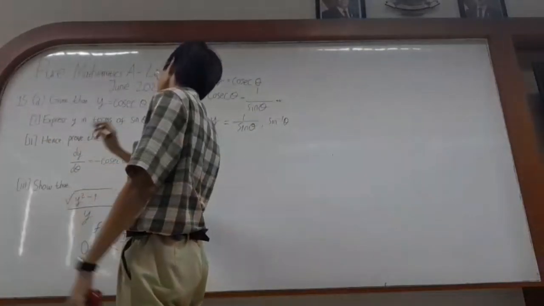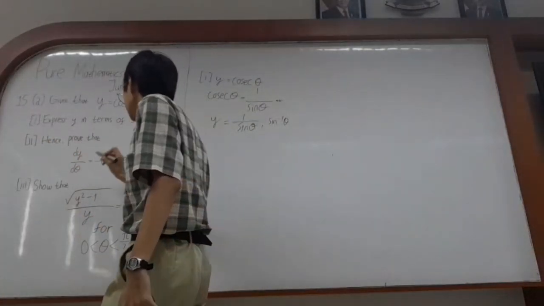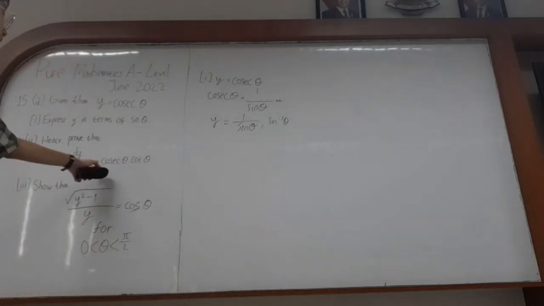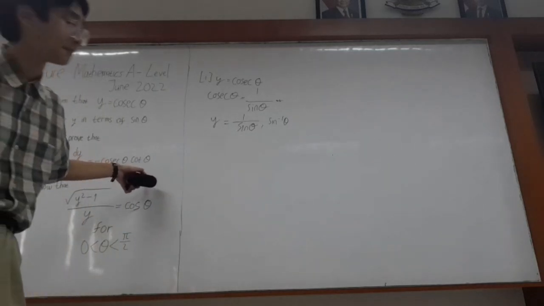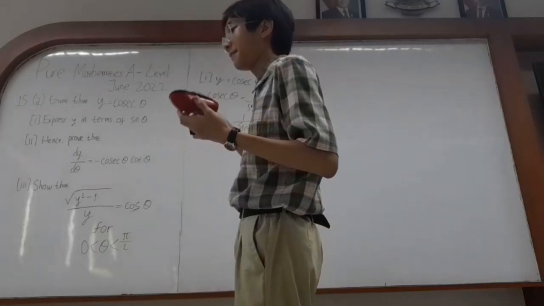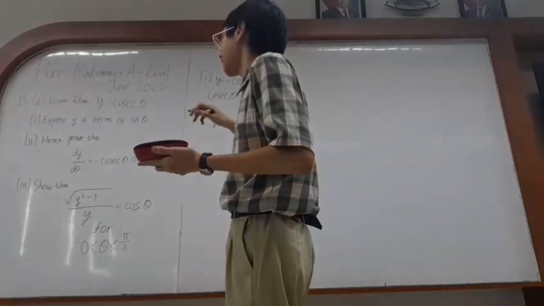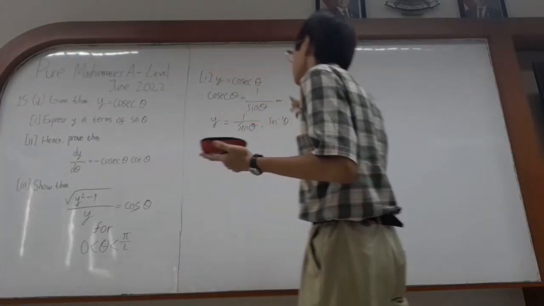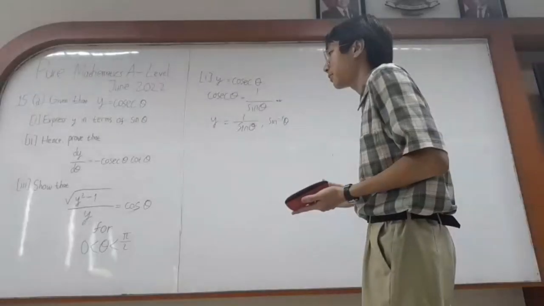Hence, prove that dy over d theta equals minus cosecant theta cot theta. So here I have to use a different kind of formula, called a differentiation formula.